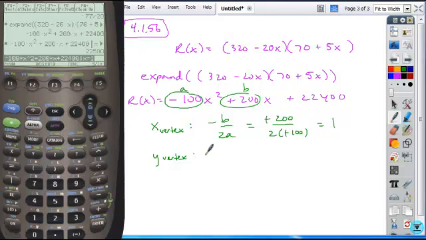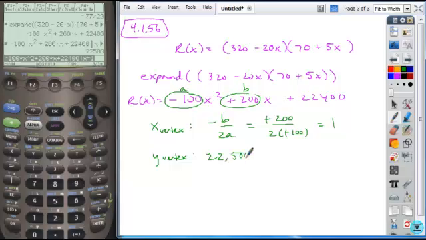So I get 22,500. Okay, so depending on what they ask you, this is your maximum revenue. This is the number of increments. So this is the number of $20 reductions. So just one $20 reduction.